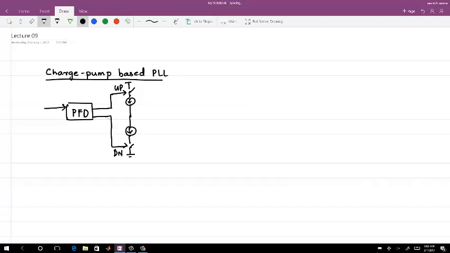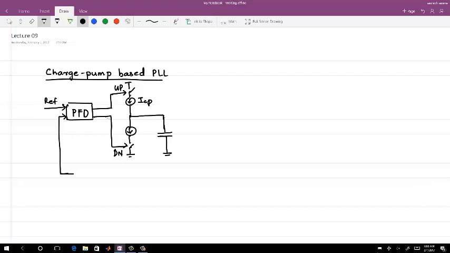One input is the reference, and the other input is coming from the output of the VCO, which you can call F out. The output of this charge pump goes to a single capacitor to change the control voltage of the oscillator. And we have seen that we require one additional integrator in the loop for the frequency acquisition.